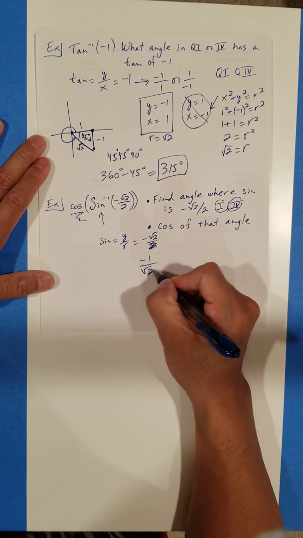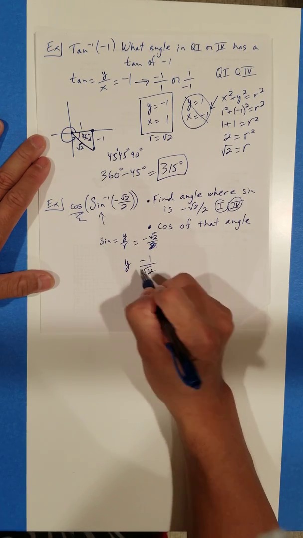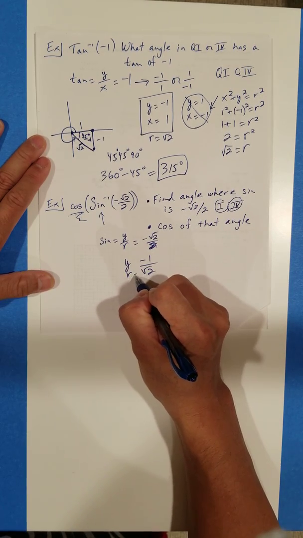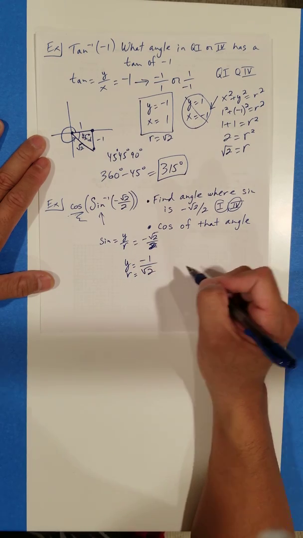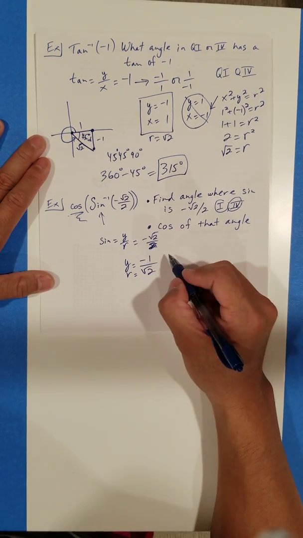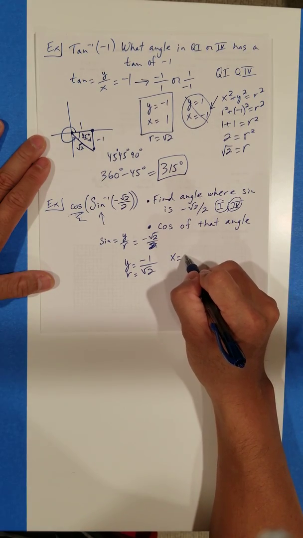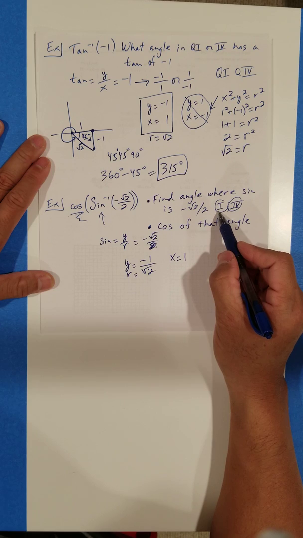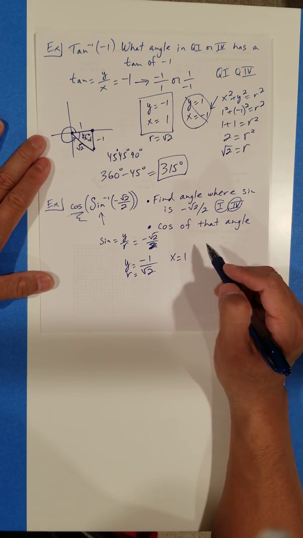Remember that? We rationalize it to get this. So that means y is negative 1. R is radical 2. That's your 45, 45, 90 triangle. Now, that means x is going to be 1 because in quadrant 1 or 4, x has to be positive 1.